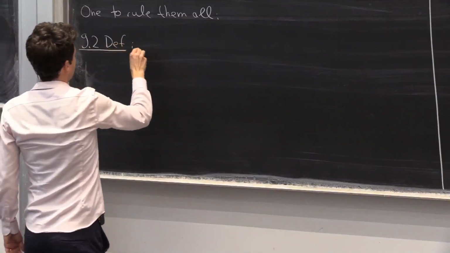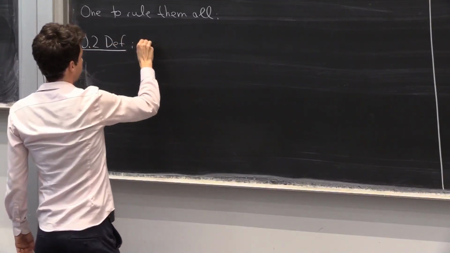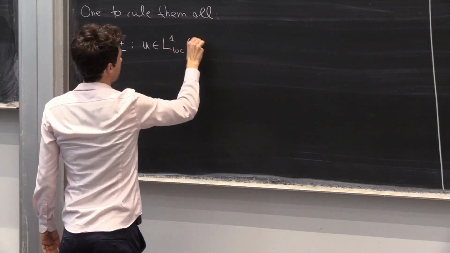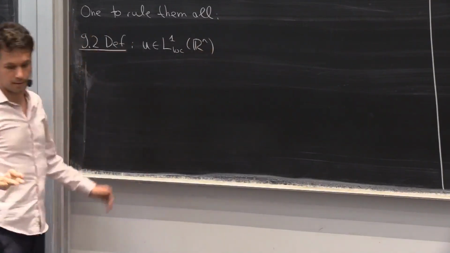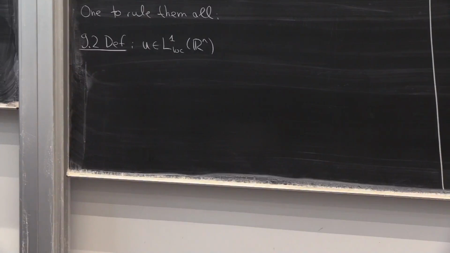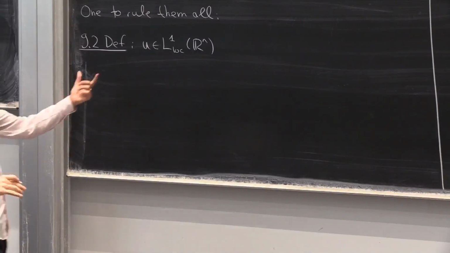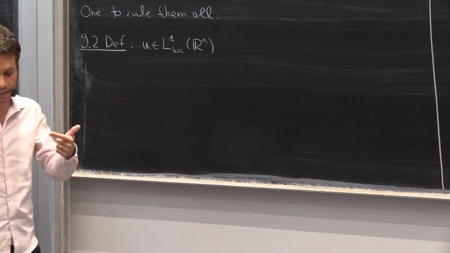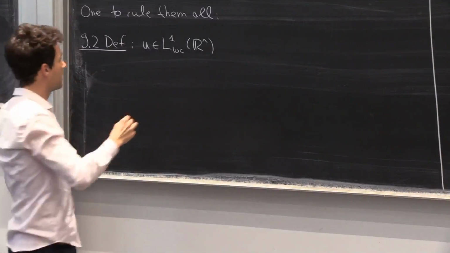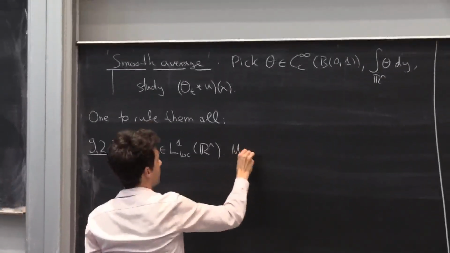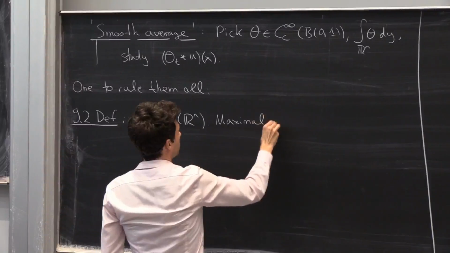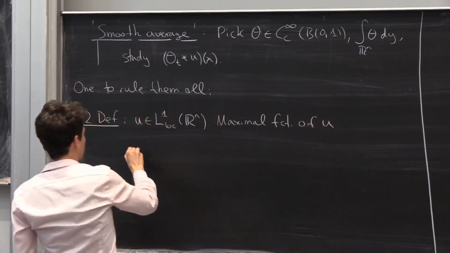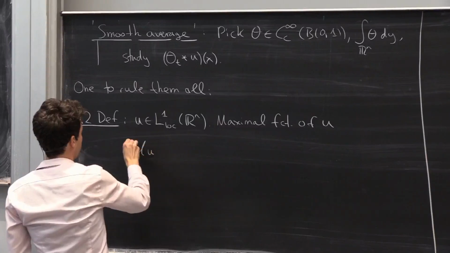Central definition of the lecture. So say u is in L1 loc on R^n. And now it doesn't matter if it's equivalence classes or functions because I'm averaging, so that takes the ambiguity of the null sets away. And then I'm going to introduce something that I call the maximal function of u, and I'm going to denote it by curly M of u.